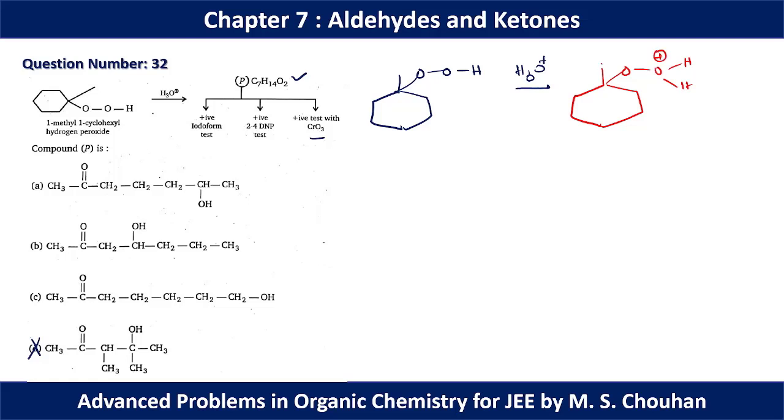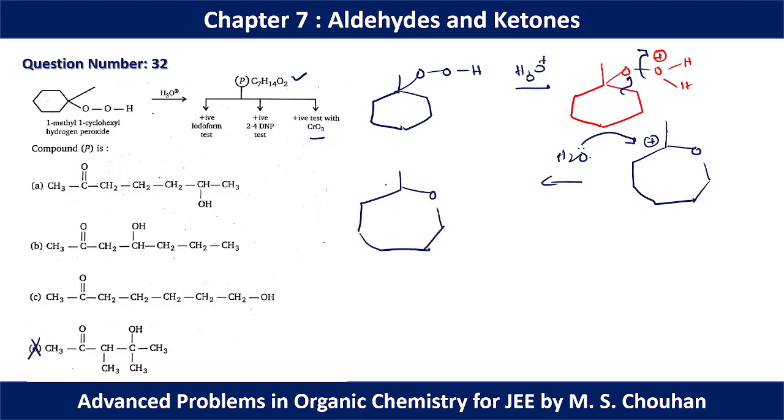Okay, in the next step we have dissociated this and water is eliminated from the system. So we have a 7-membered ring, a positive charge over here and water present here. So the lone pair of the oxygen now approaches this carbon and we have this kind of final situation.